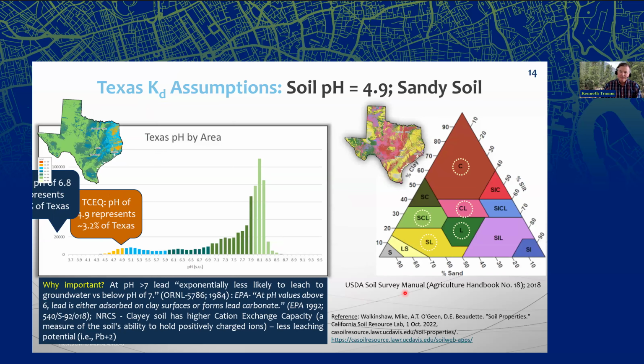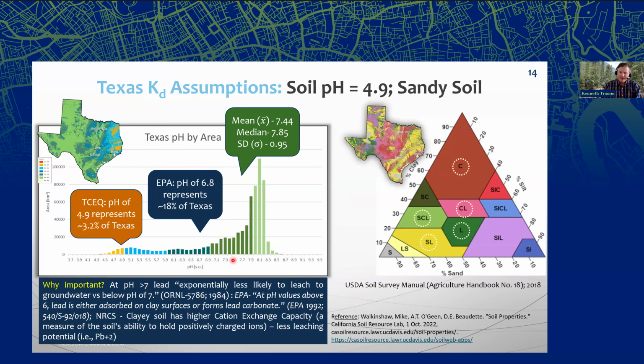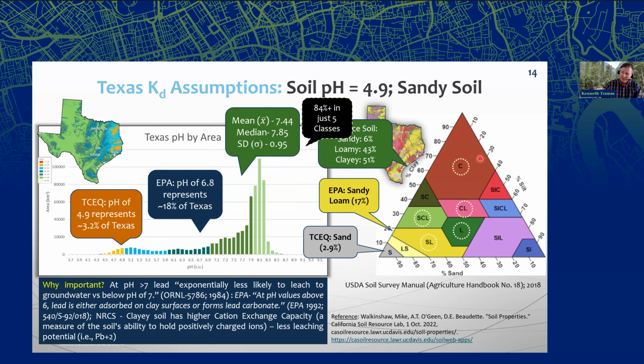Anyway, the assumptions that went into that 10, if you're interested, is the assumption that we have a 4.9 pH, which turns out to be very little of Texas. That is less than the value the EPA points to, and obviously less than most of the surface area. The second part is an assumption on the soil type, being sand versus what EPA recommends versus probably about 84 shows up in these 5 classes here.